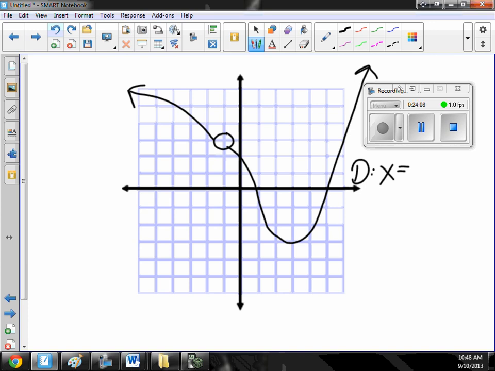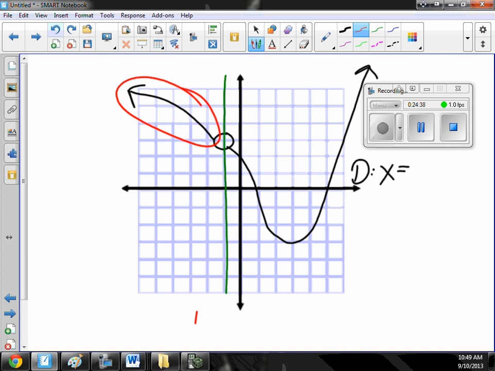Are there any x's that miss? Careful. So if I draw a vertical line, does that vertical line ever miss? It misses right there. Now there are 2 ways to write this. So don't write it down until you figure out which one you like. I could describe the left side first.